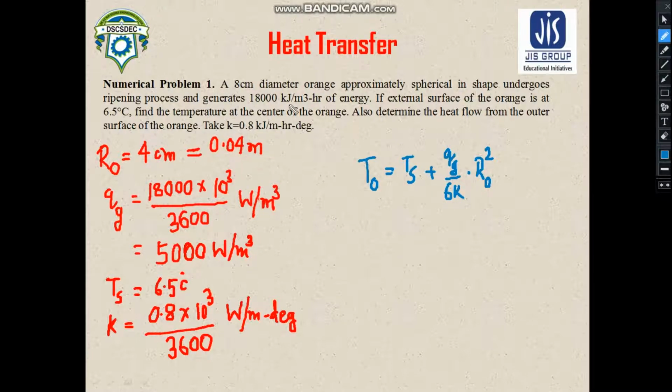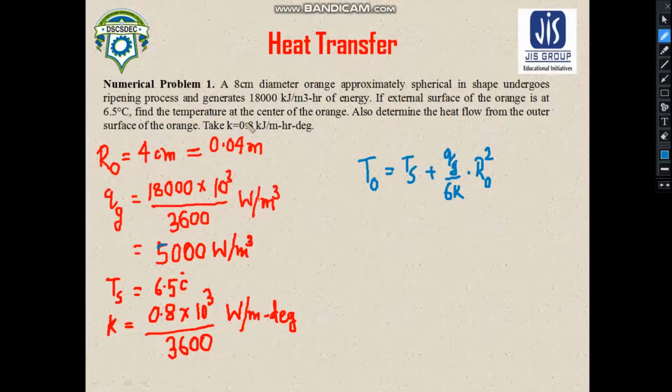The internal thermal energy generation is given as 18,000 kilojoule per meter cube hour, but we are used to the units of watt per meter cube. So better we convert this unit to watt per meter cube, which gives us 5000 watt per meter cube. The external surface of the orange is at 6.5 degrees Celsius, which we have written here, and the thermal conductivity is given as 0.8 kilojoule per meter hour degree.